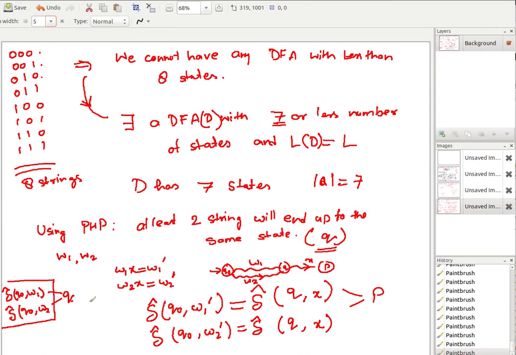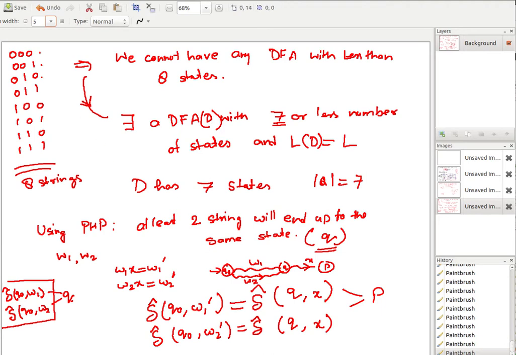So what I am saying is that whenever you append any string X to W1 and W2, it will still take you to the same state P. Once you end up in the same state after processing W1 or W2, afterwards if you append any substring, you will remain together.